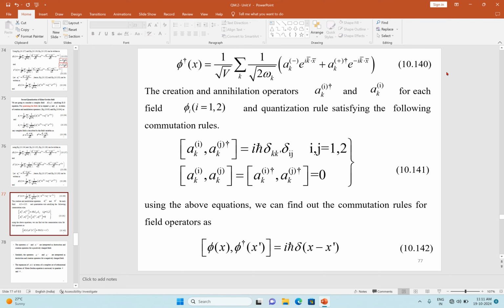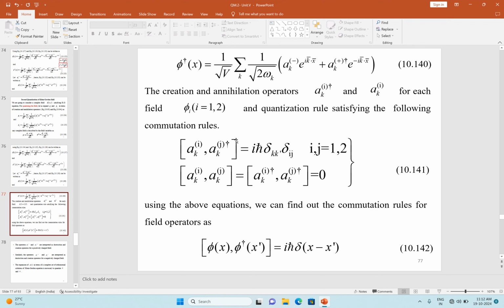Now, as I said earlier, our aim is to find out the quantized energy of the photon, for which we will have to use quantization rules. The creation and annihilation operators a_ki dagger and a_ki, for the fields phi_i with i equals 1, 2, will have to satisfy the following commutation rules.